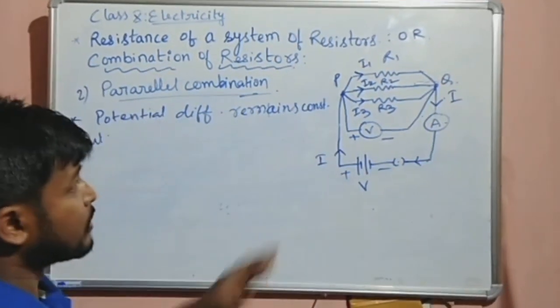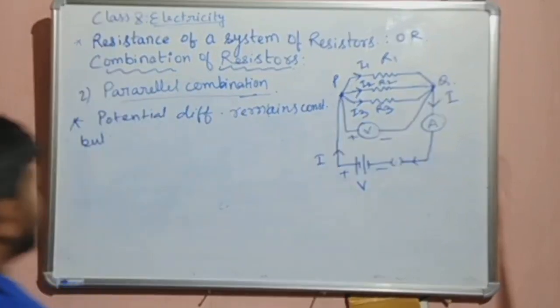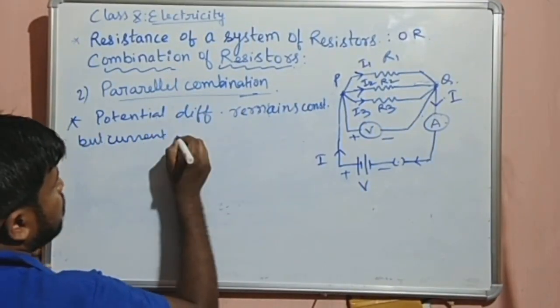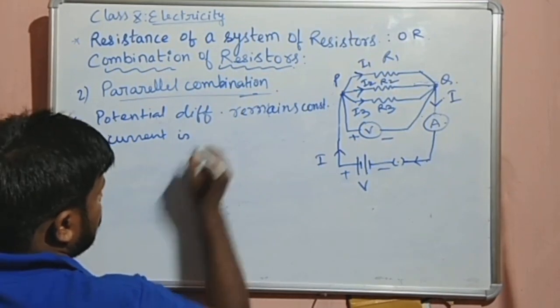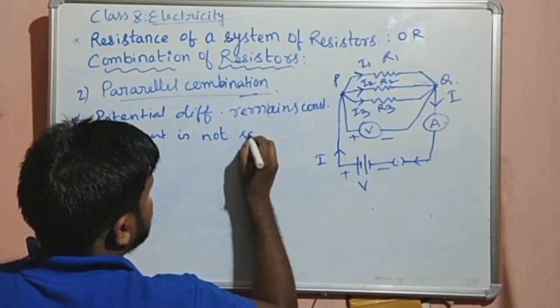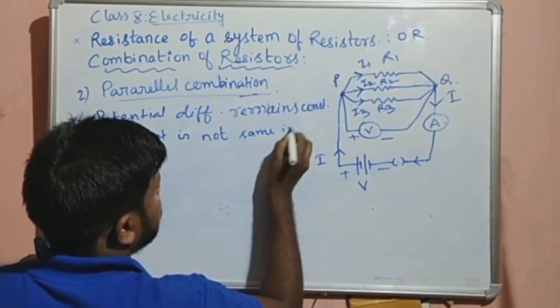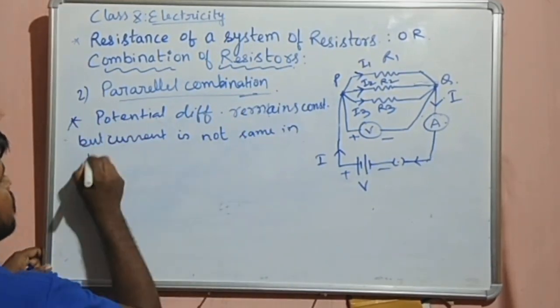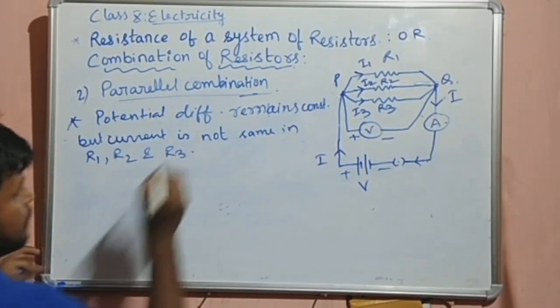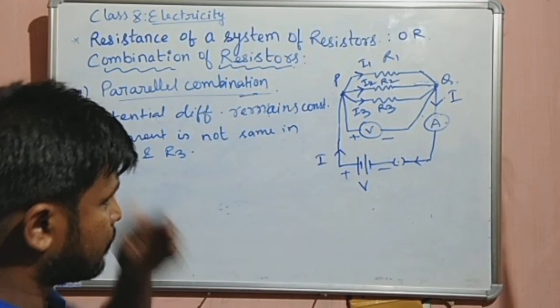That means the current is not the same in R1, R2 and R3. Got it?